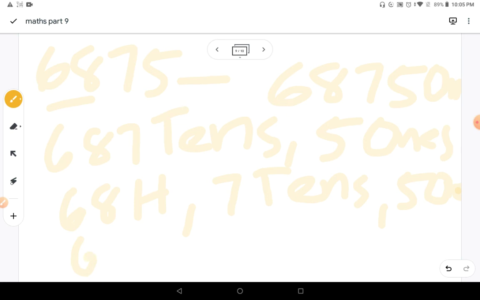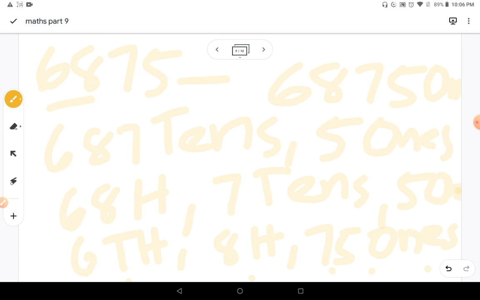I am making 6 10,000 and this one 875. You can represent it in many ways. What is 800, and I can write it as 75 ones. And again this one, 6 10,000, 800, 7 tens and 5 ones. Like that, all these possible combinations you can write.